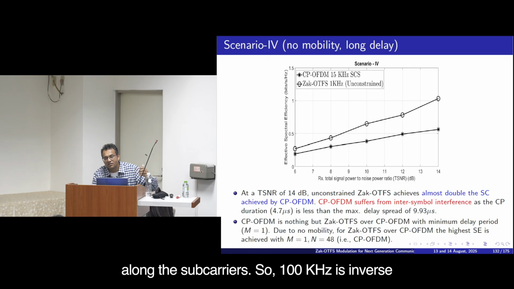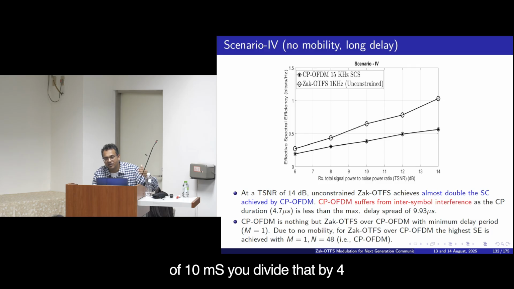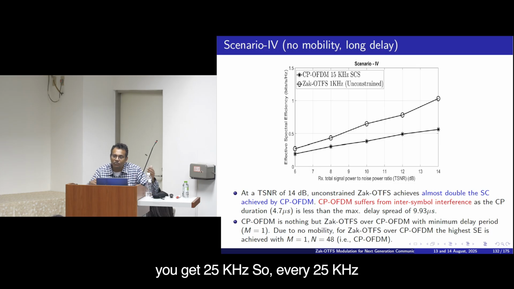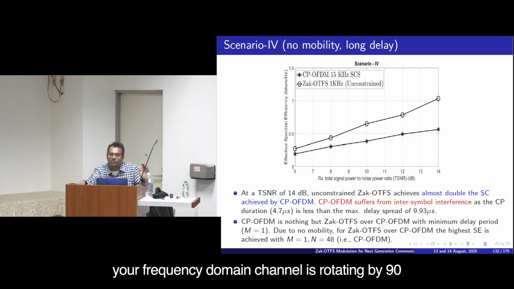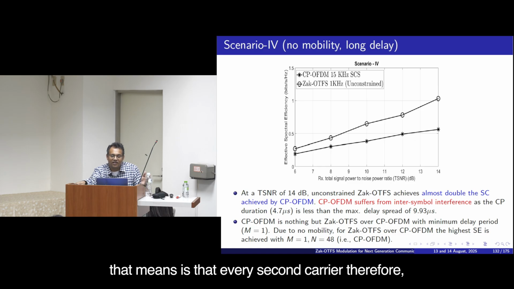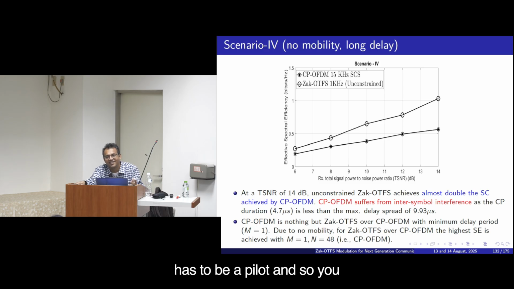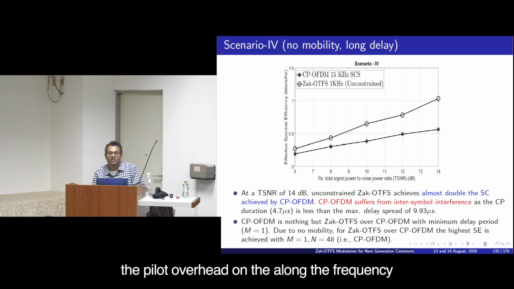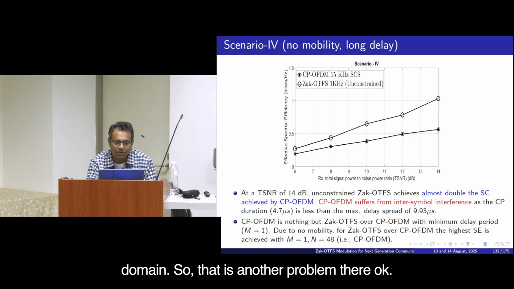So 100 kilohertz is the inverse of 10 microseconds, you divide that by 4, you get 25 kilohertz. So every 25 kilohertz your frequency domain channel is rotating by 90 degrees, which is a lot. And what that means is that every second carrier therefore has to be a pilot, and so you will get a big hit in terms of the pilot overhead along the frequency domain. So that is another problem there.